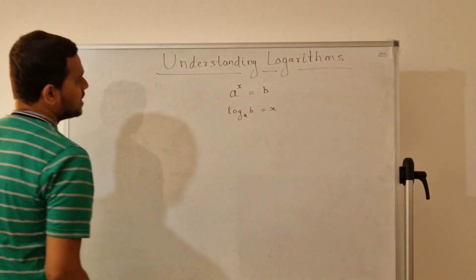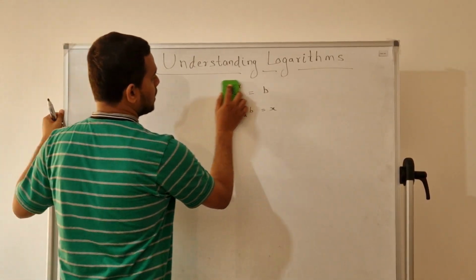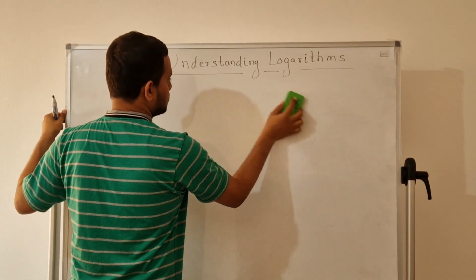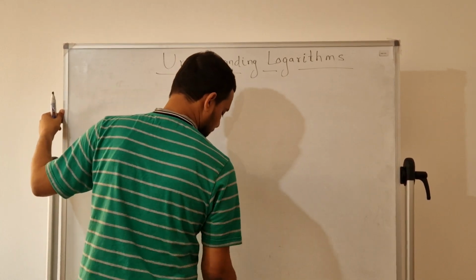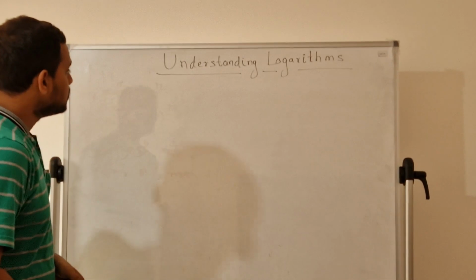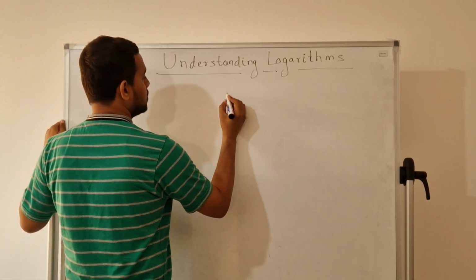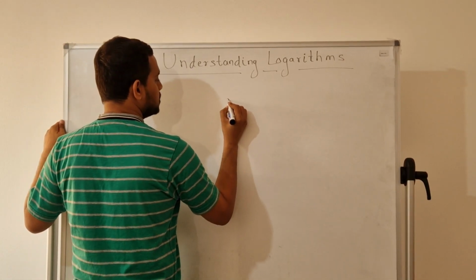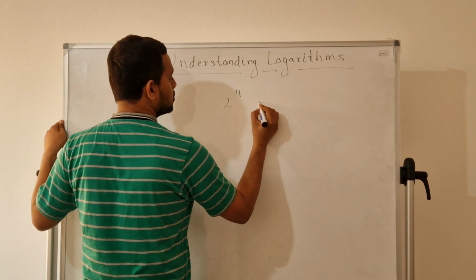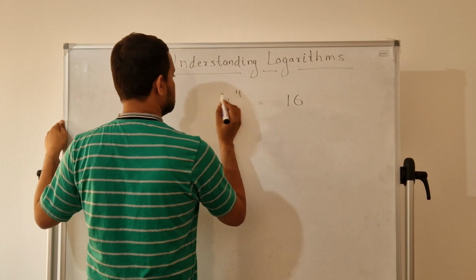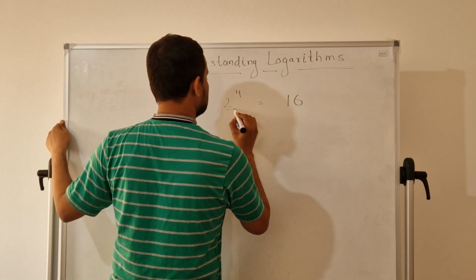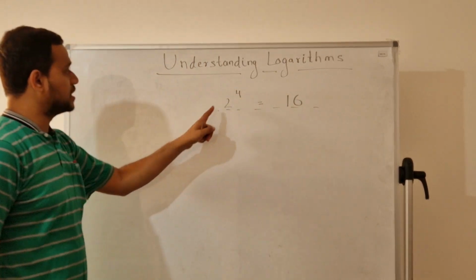But let's take an example that will clarify things more. We'll get to this formula, but we don't have to remember it. Let's see if we can come to this formula. Let's take an example. 2 raised to the power 4 is equal to 16. Let's spend some more time here. What does this mean?